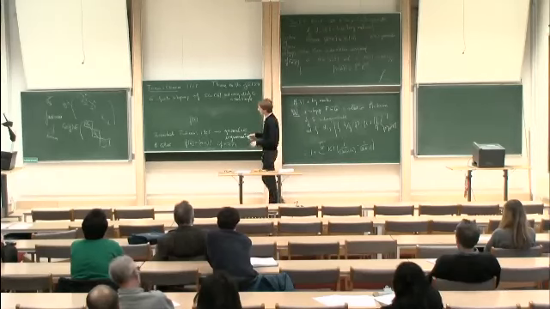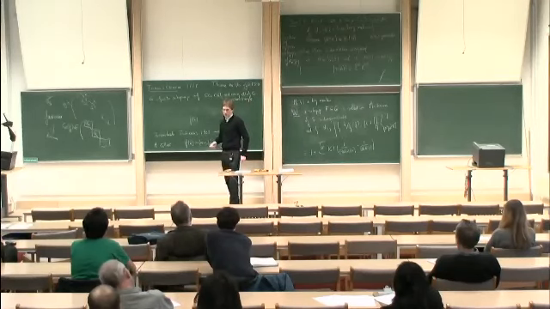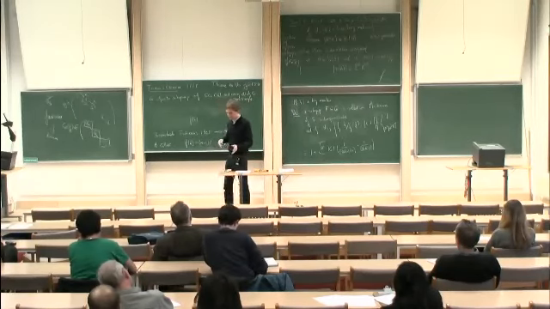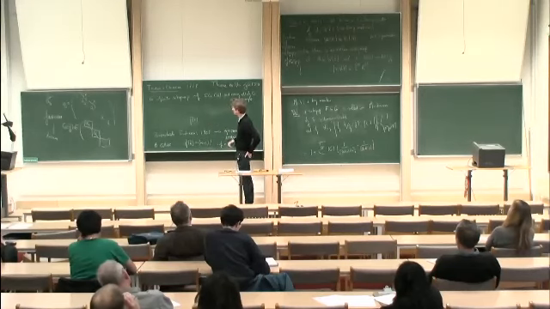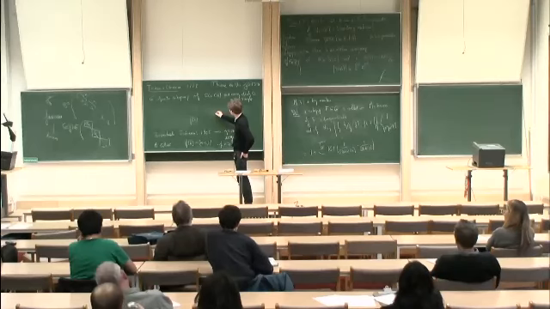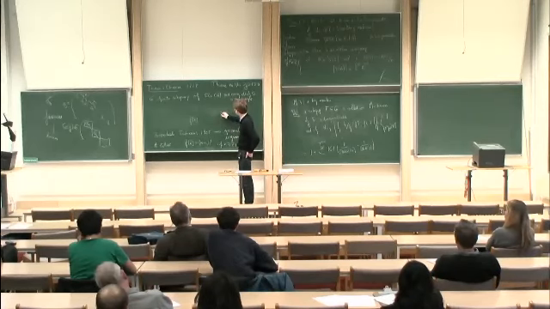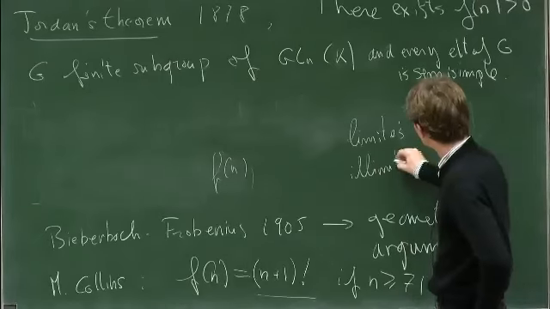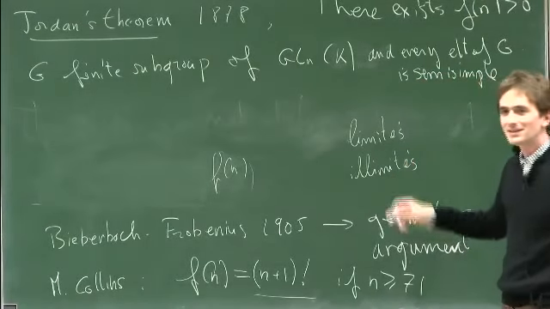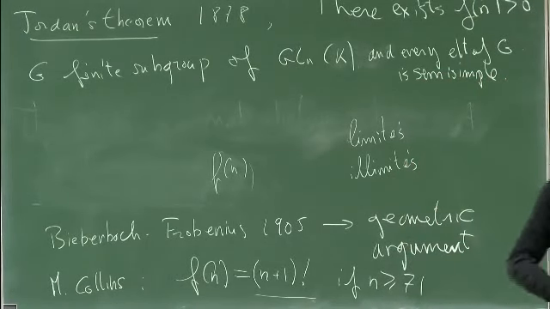But Jordan does not give an explicit bound, although his proof is effective. He says at the beginning of his memoir that he's going to use two kinds of numbers: les nombres limités et les nombres illimités.